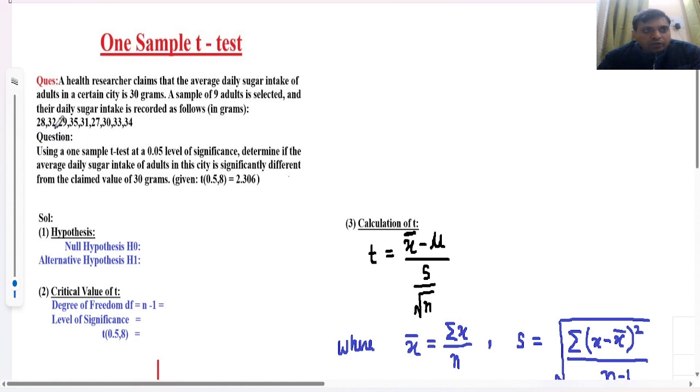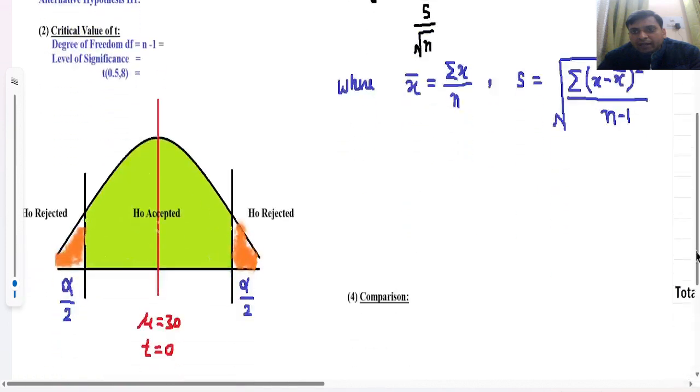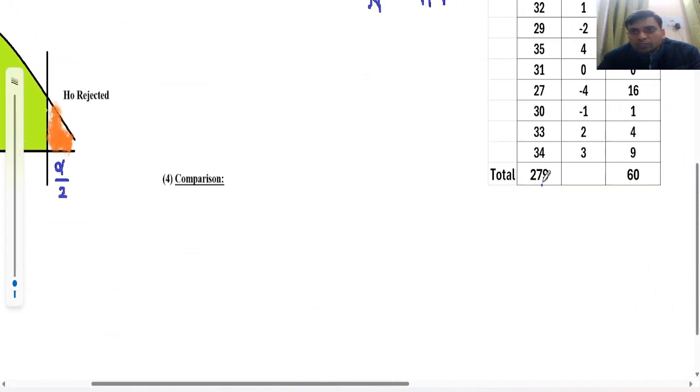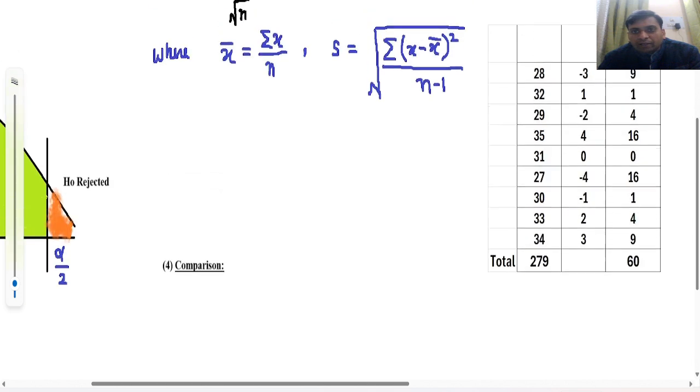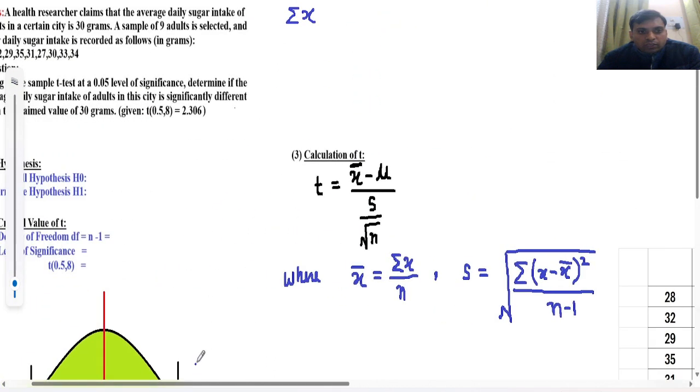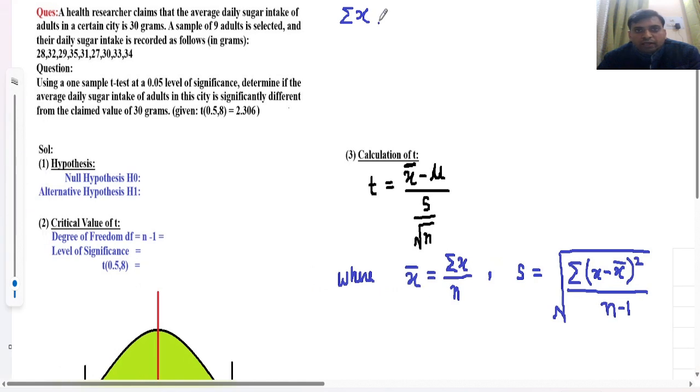If we add this 28 plus 32, 29 and up to 34, this means summation x, the sum of all these values. I have already done this total, so this total is 279. Summation x equals 279.